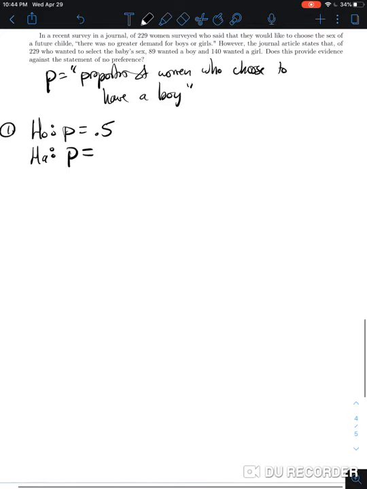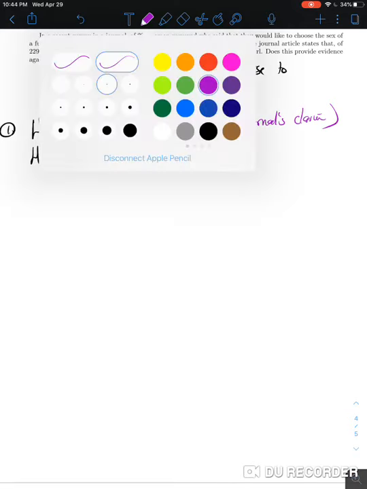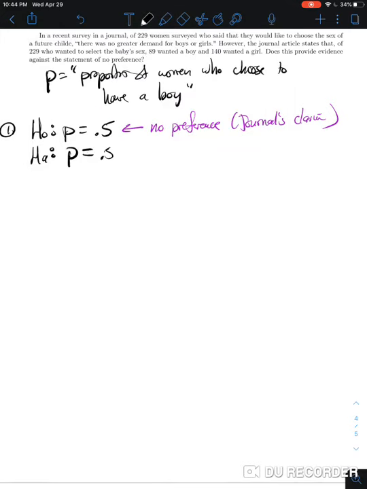No preference. So this is the journal's claim. We're going to say the alternative is that it's simply not equal to 0.5.